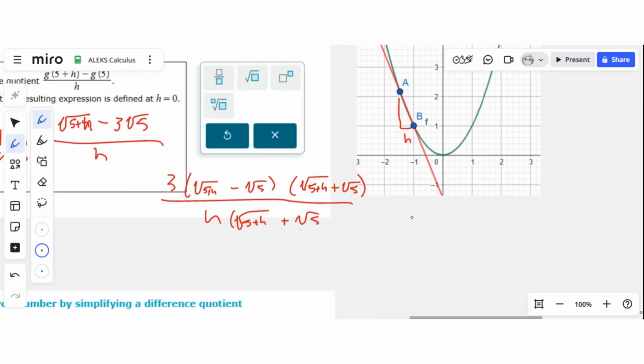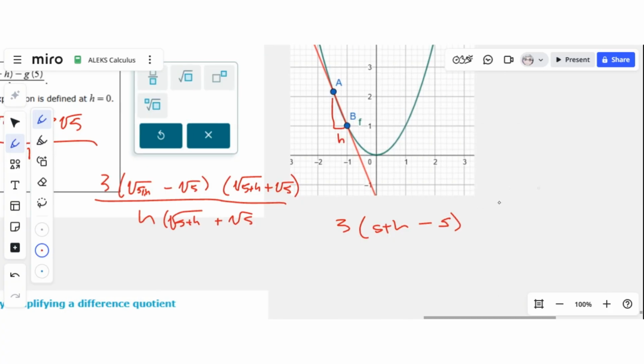So we've got 3, and on the top, this comes down to this first term squared minus the second term squared. So that's going to just be 5 plus h minus 5, and 5 and minus 5 are going to cancel out. So this is really just 3 times h, which is great news because we have an h in the bottom.